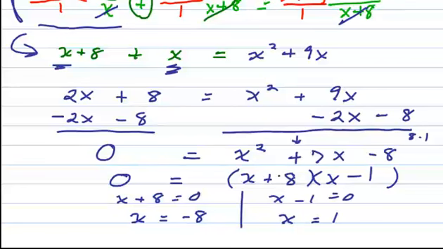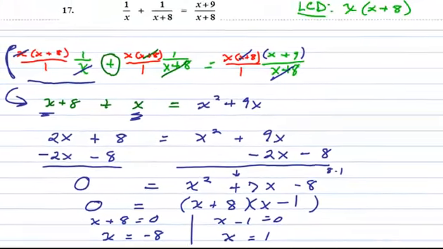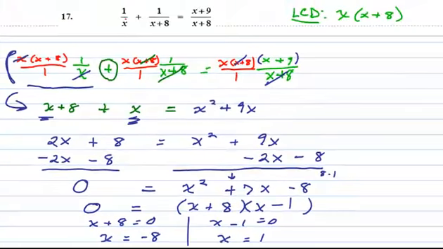You are not done. When you solve an equation involving variables in the denominators, you have to make certain that those solutions are acceptable. So if I put negative 8 here, would I get 0? No. If I put negative 8 here, would I get 0? Yes, I would.